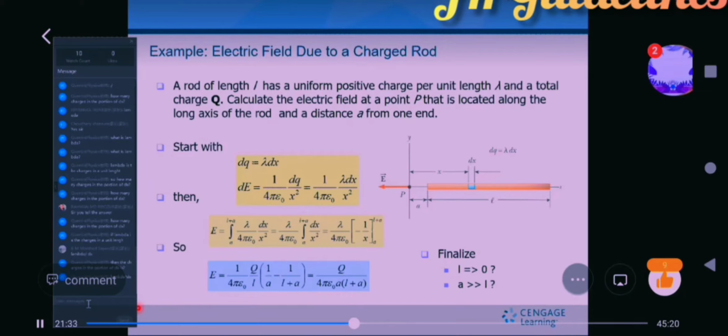So is that correct? If lambda is the charge for unit length, then for the portion of dx, we have the charge of lambda times dx. So is that clear?